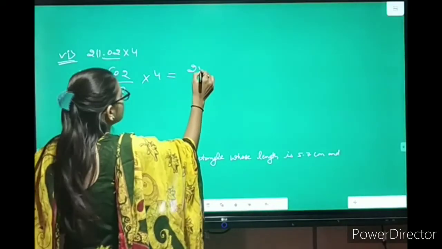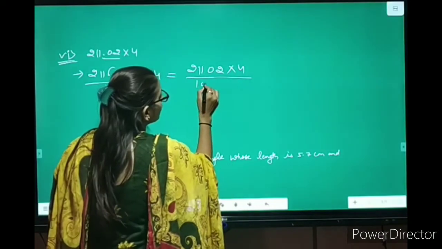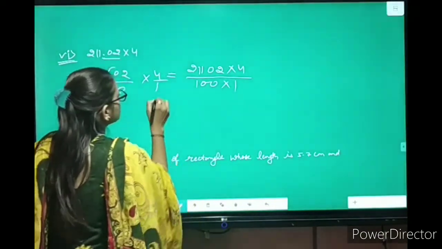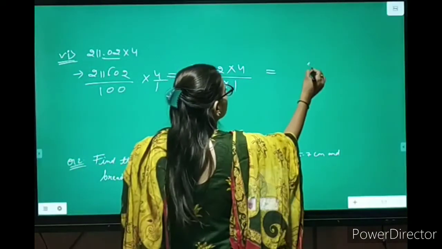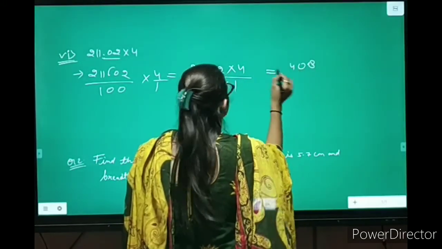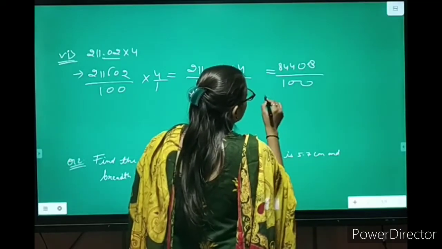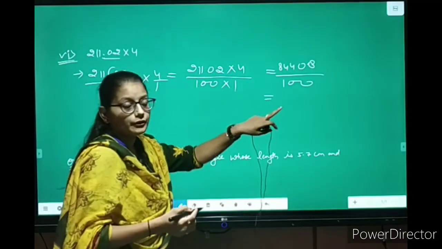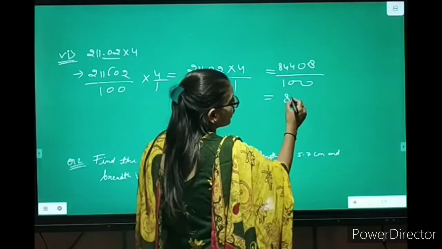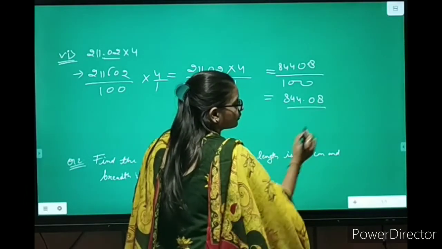Numerator multiply by numerator, 21102 multiply by 4 upon 100 multiply by 1. 4 2s are 8, 0, 4 1s are 4, and 84408. Put the point before two digits. 844.08.